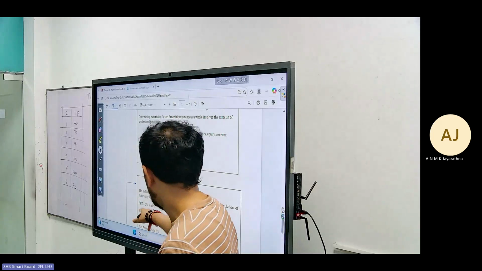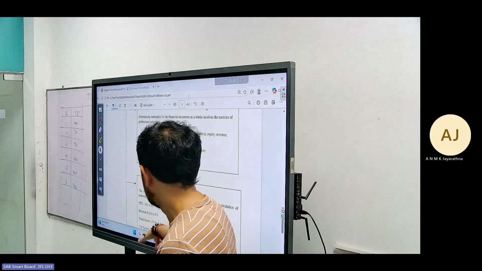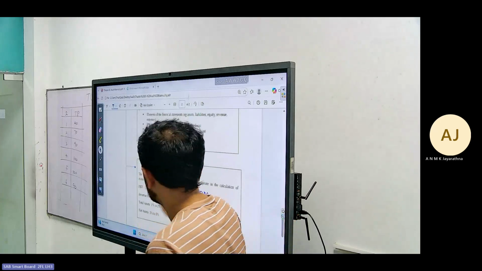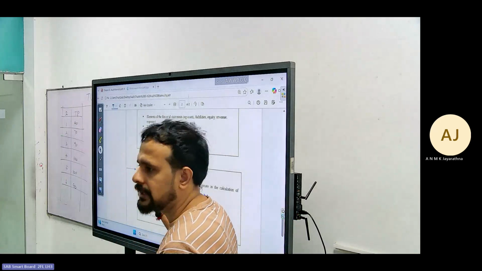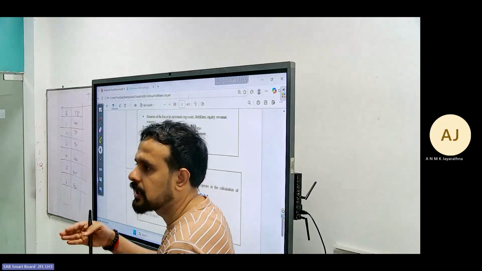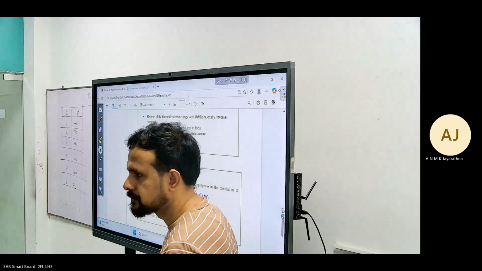PBT 5 to 10, revenue 0.5 to 1, total assets 1 to 2, net assets 2 to 5. Okay, this is the benchmark. Take it as general practice. Once you obtain the financial statements, you will calculate the materiality level based on this.